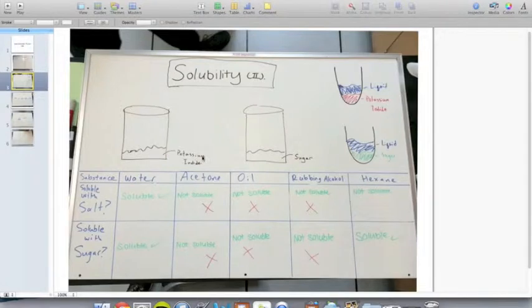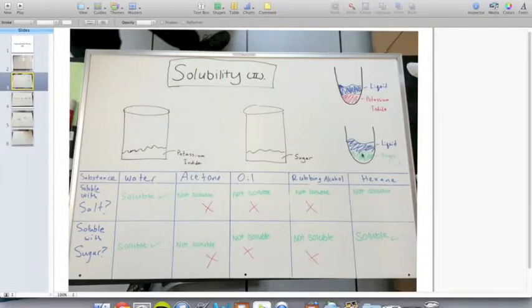The next test that we performed was the second solubility test. In this, we put 2 solids into a test tube of the liquid, as seen right here. The first one was a salt, so an ionic salt, so it was potassium iodide, and the second one was sugar.